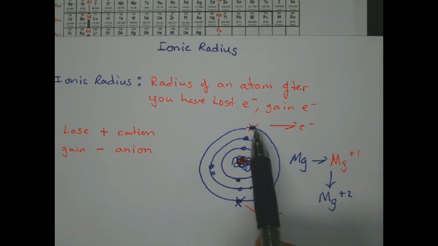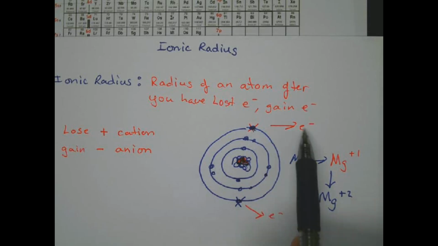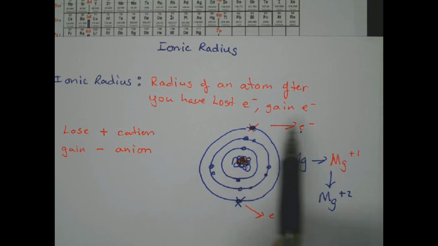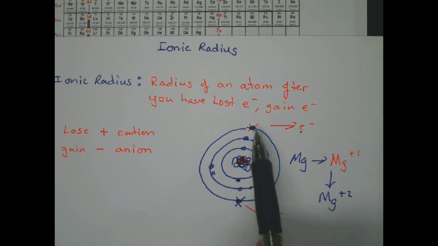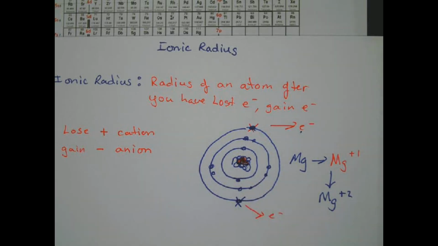So, the nucleus is actually holding on to this electron. But if that electron leaves, what do you think happens to all the energy that was being used to hold on to it? Well, that energy gets redistributed to the remaining electrons, which means those electrons are being pulled with even a greater force.